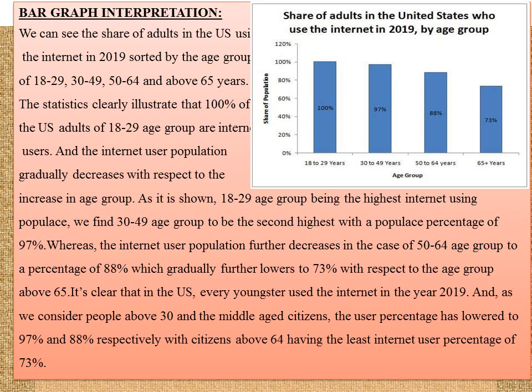So through this data we can analyze that the United States has more youngsters in the age group of 18 to 29 years, and a lesser group of 65 plus years. And in the end, if you want, you can add more of your interpretations.